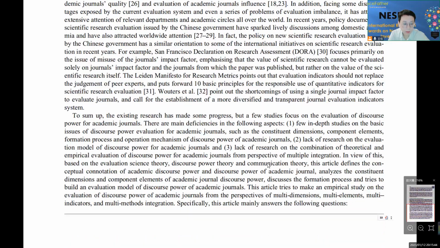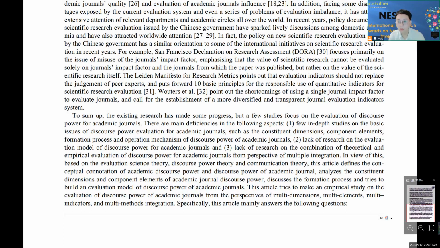To sum up, the existing research has made great progress, but few studies focus on the evaluation of discourse power for academic journals. There are main deficiencies in the following aspects. First, there is little in-depth study on the basic issues of discourse power evaluation for academic journals, such as the constituent dimensions, component elements, formation process, and operation mechanism of discourse power of academic journals.